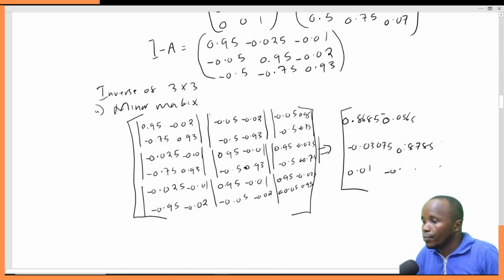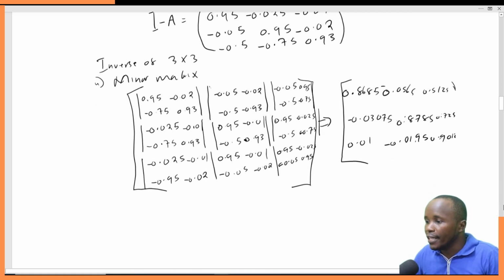This is negative 0.0195. Here I'm having 0.5125, correct? Now it's clear. This is 0.725, and here is 0.90125.